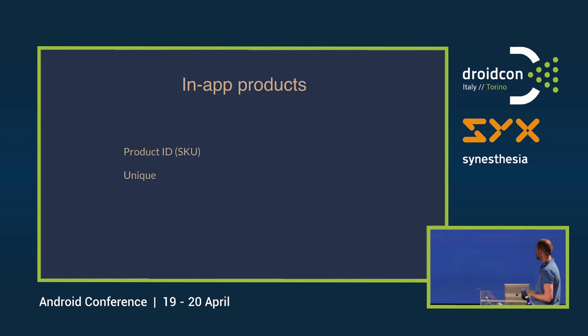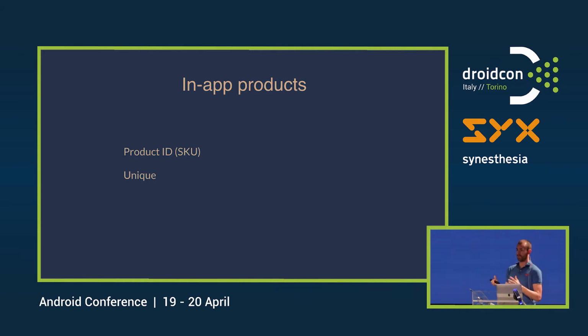And then there's another thing that we need to frame precisely. To identify one of these in-app products, we need to use product IDs. Sometimes you are going to see this code, SKU. It stands for stock keeping unit, I think.